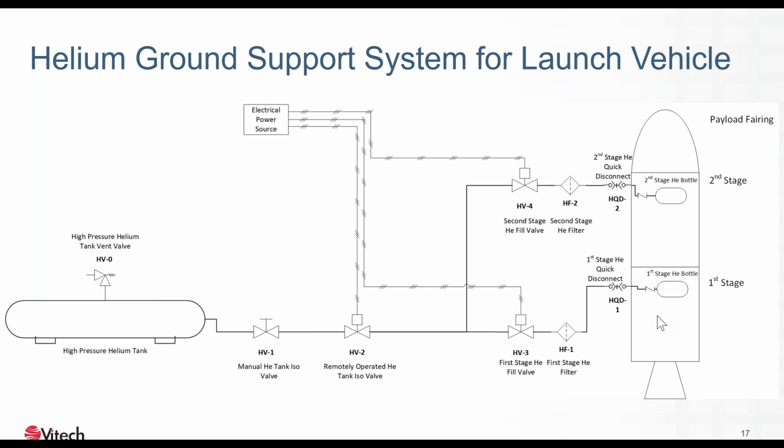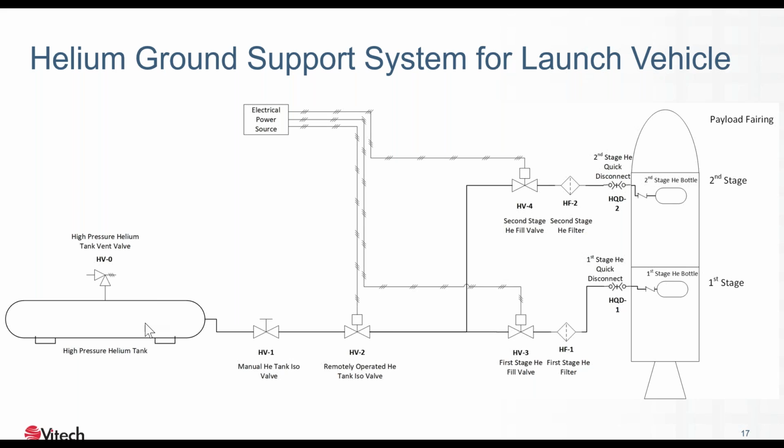Typically, each stage requires helium on board for pressurization and purging and some other functions. During ground fill, before the rocket is launched, all the helium from some sort of storage tank on the ground has to get pumped into these helium bottles on each of the stages.